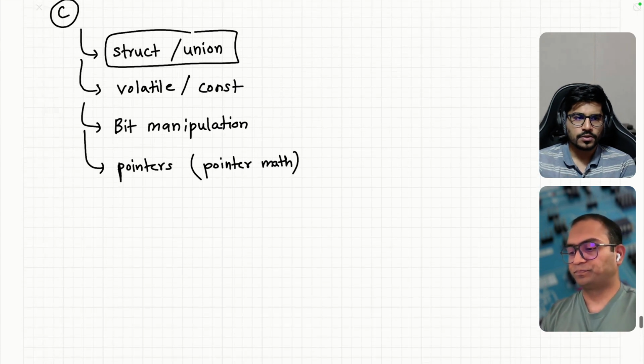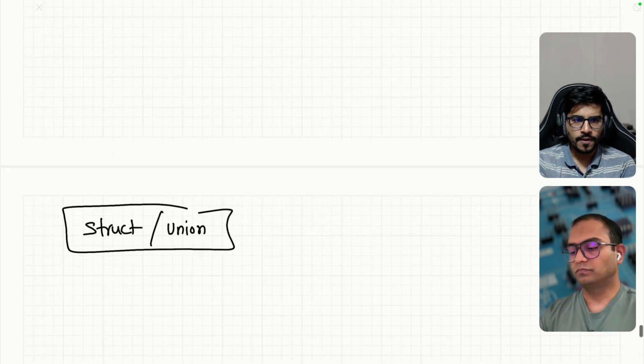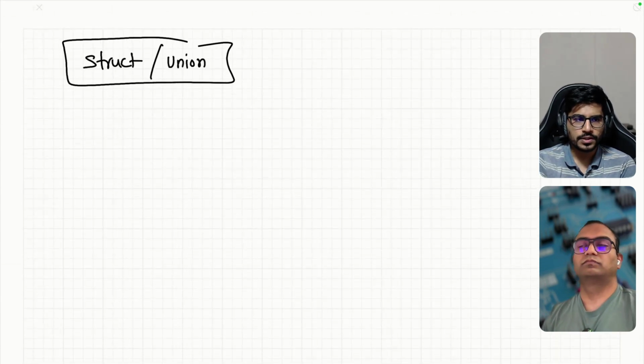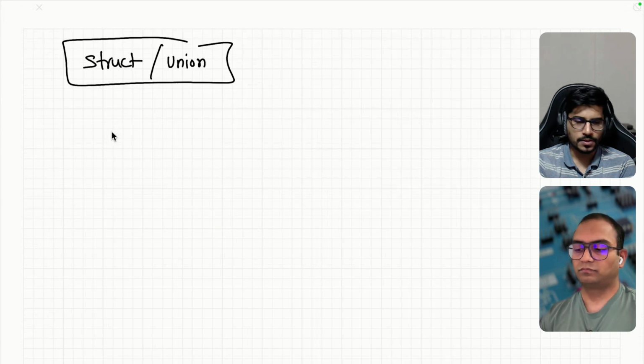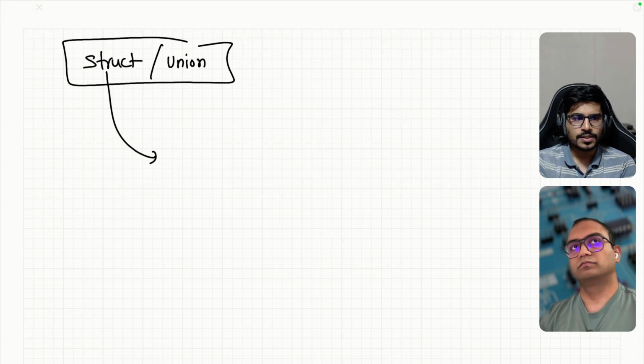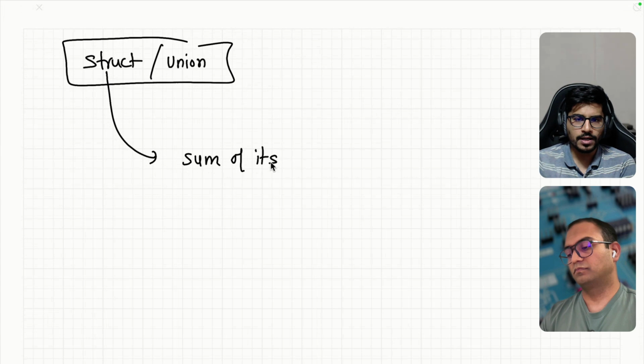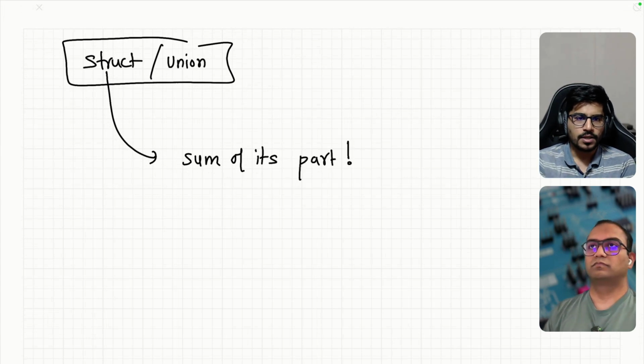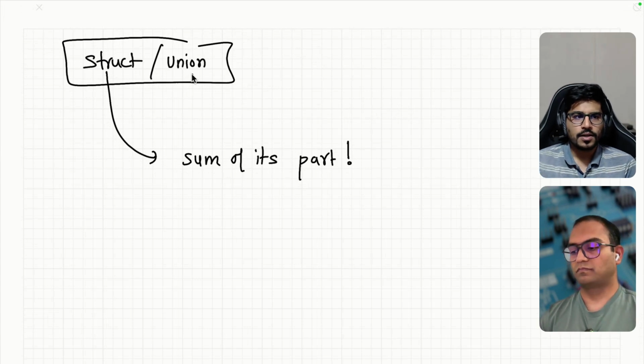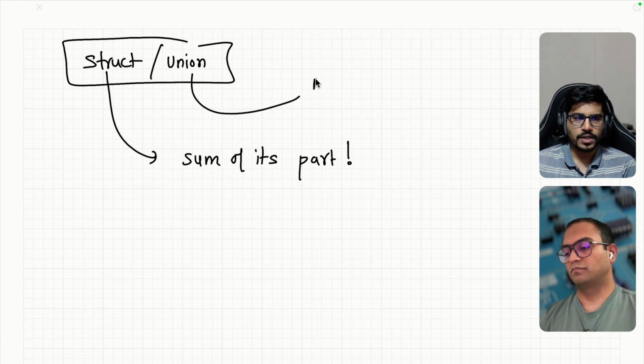All right. So structure versus union. If I were to define structure, I would use this one-liner: the structure is equal to the sum of its parts, and we'll shed more light on what we mean by this. For the union, it represents the max of its parts.